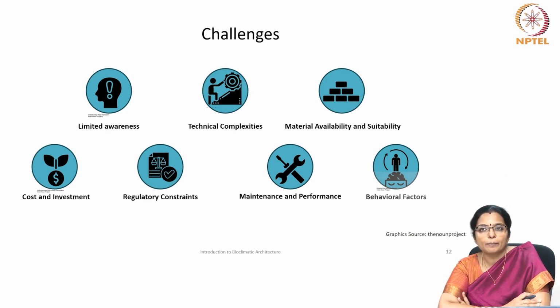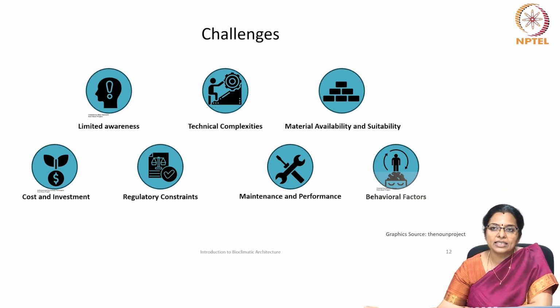The fifth is maintenance and performance monitoring. Bioclimatic buildings require regular maintenance and performance monitoring to ensure that passive and active systems continue to operate effectively. Lack of proper maintenance can lead to decreased performance and energy efficiency over time.